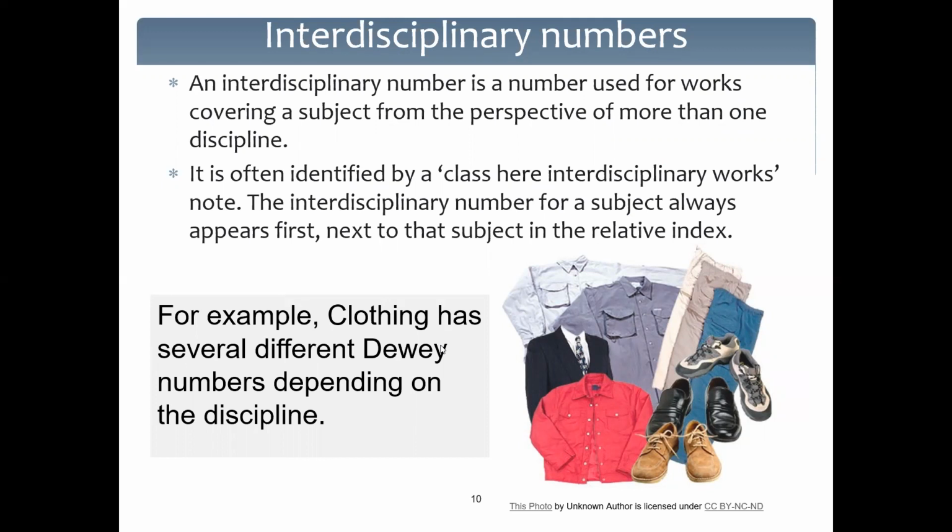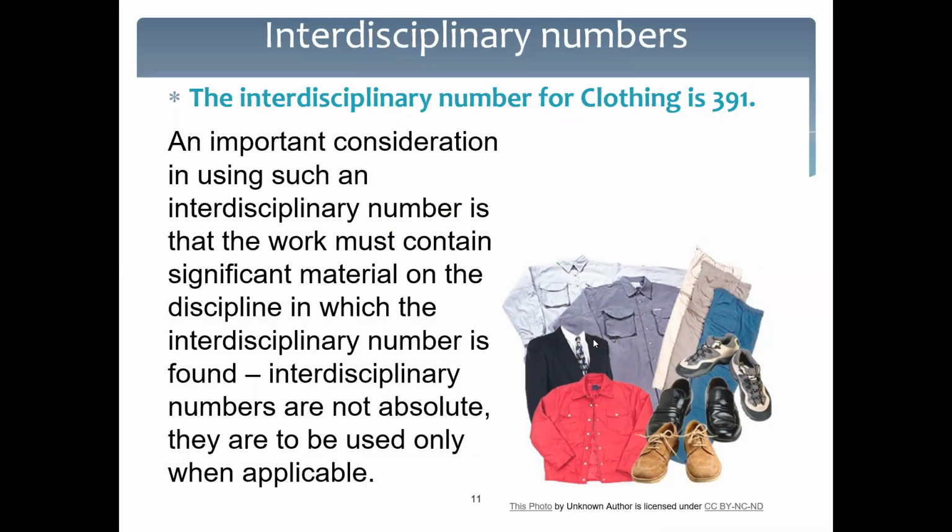So if you had something that was just about clothing in general, it's not really about any particular topic in clothing, then that may be where you would see that number. So for example, the interdisciplinary number for clothing is 391.